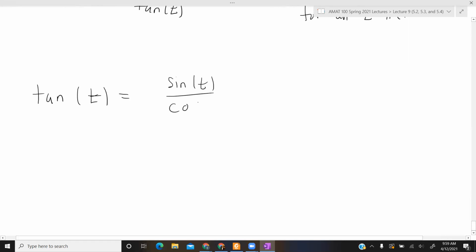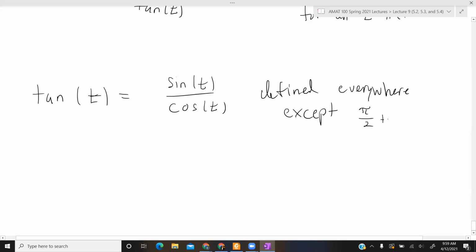So we have sine of t over cosine of t. Again, this is defined everywhere except pi over 2 plus pi n for any integer n.